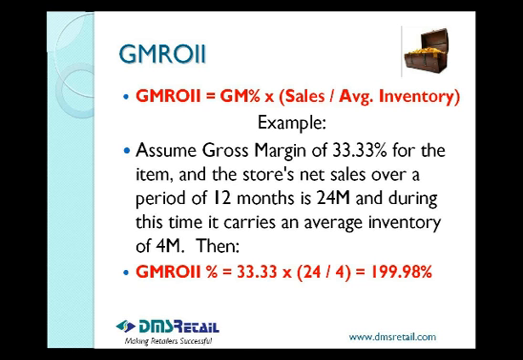Number one, gross margin percent, which is your profitability on that item, category, store, or company, whichever level you're measuring. Number two, your sales. And number three, the performance of your inventory levels. So all three important performance areas are combined in one formula. That's why GMROI is so important and so valuable.